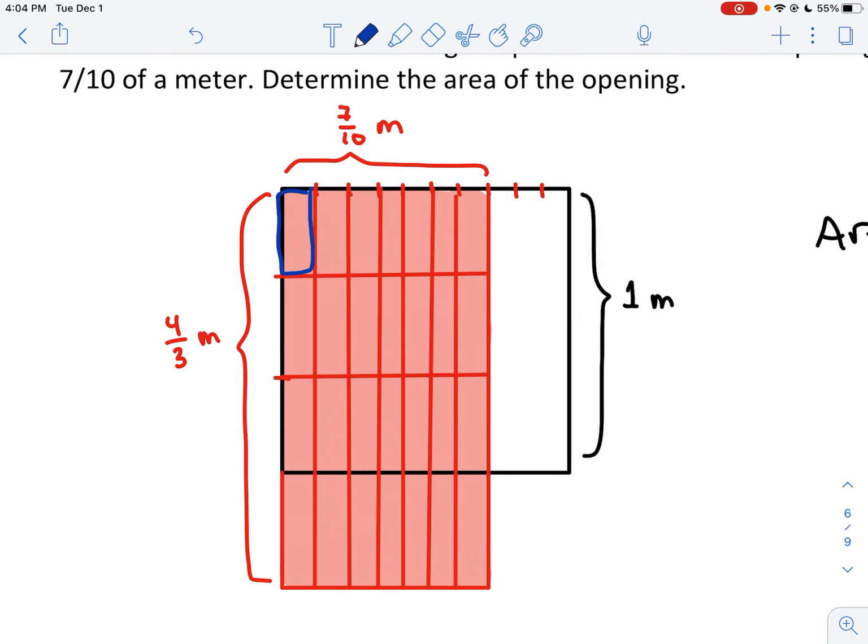Okay, now let's focus on exactly how large just that portion in blue is. If you were to take that portion and repeat it, how many times would it repeat in order to refill the original square meter?